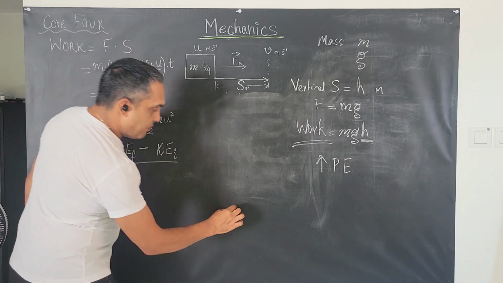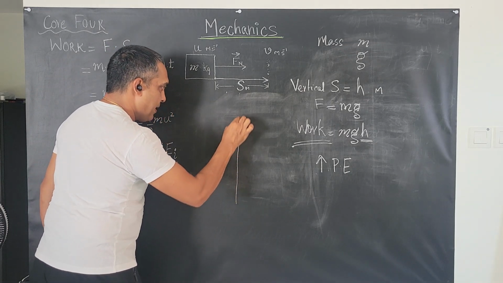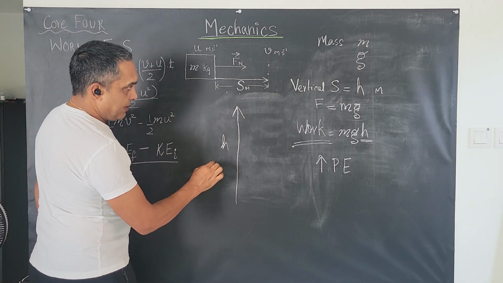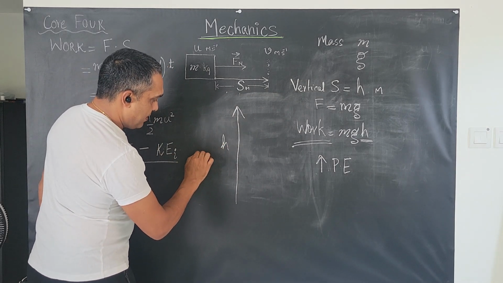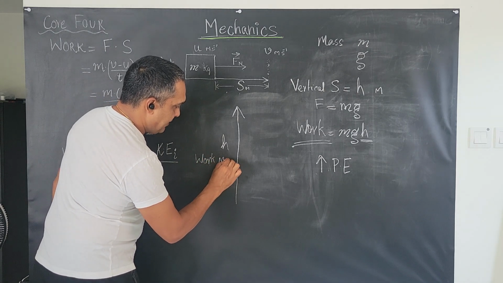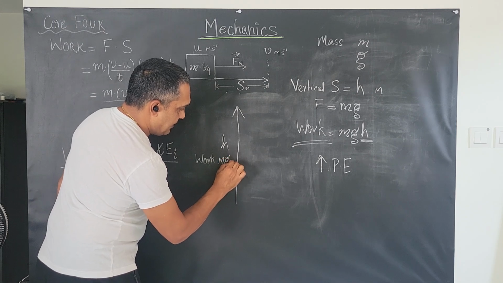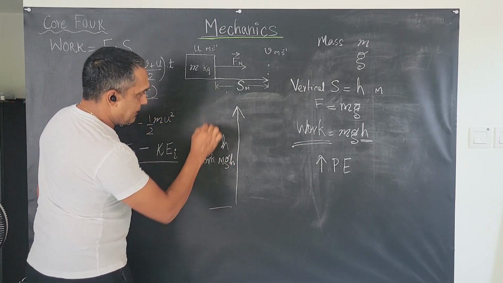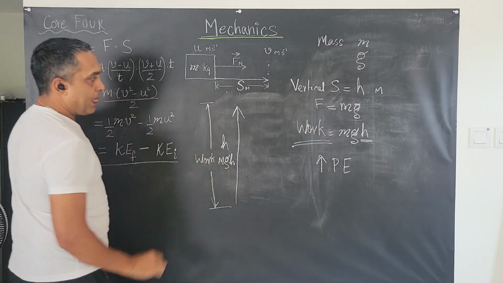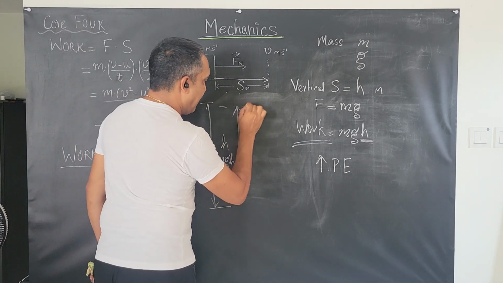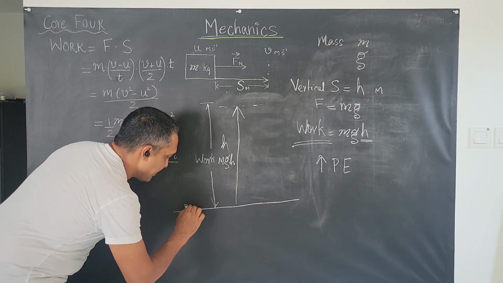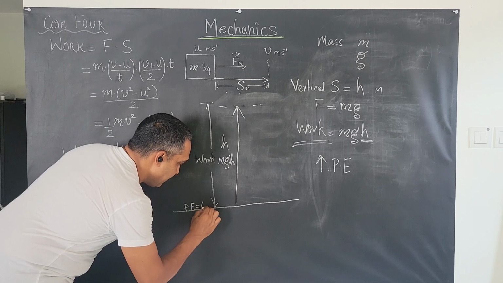So as the object moved up through h meters, the work was m times g times h during this distance. Suppose this is my base level, where potential energy was 0.